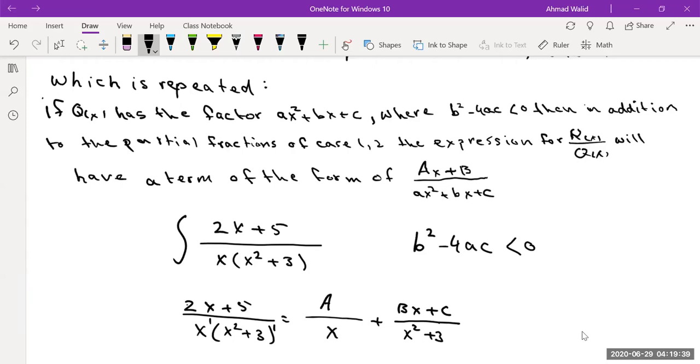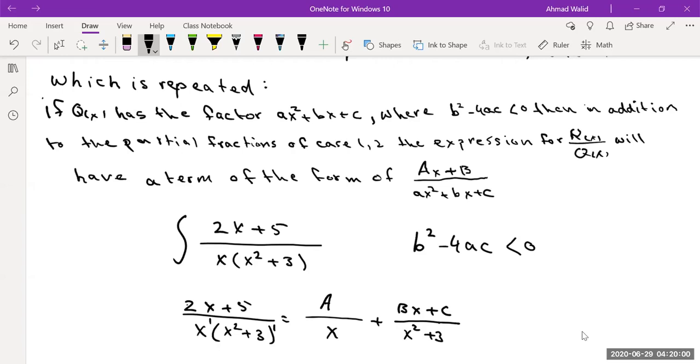Whatever the exponent of the denominator is, 1 less than that will be the top. If you have here x cubed, you have to set the top as Bx squared plus Cx plus D. That means 1 less. That's what that note means, correct?